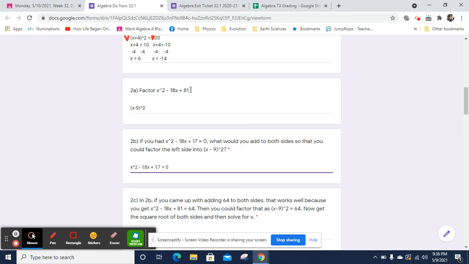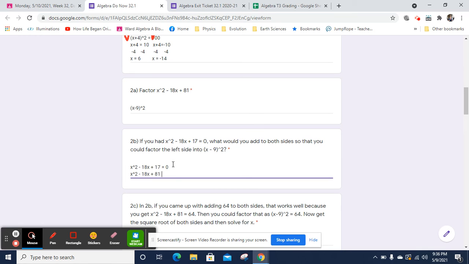So what we're really asking is, how do I turn this on the left into a perfect square? I don't have to do anything to x squared. I don't have to do anything to negative 18x, but I do have to do something to 17. What would I add to 17 to get 81?